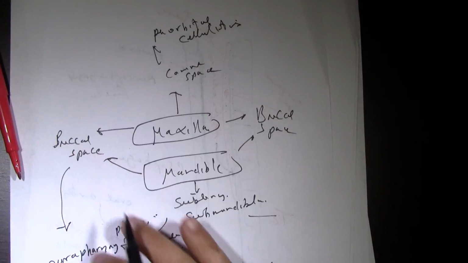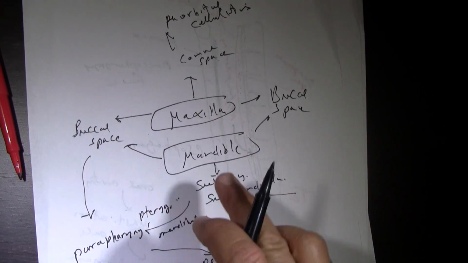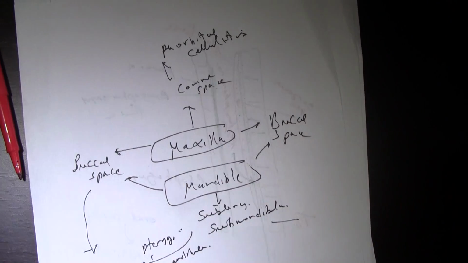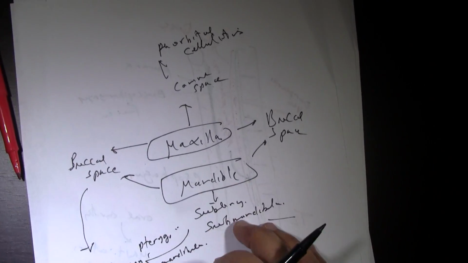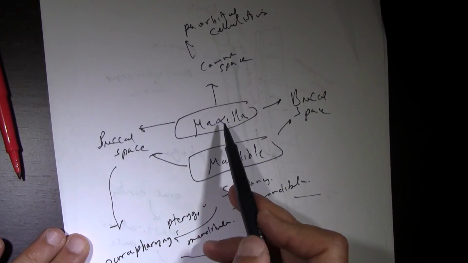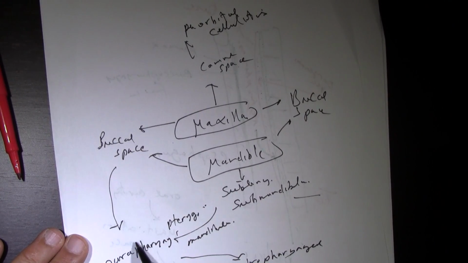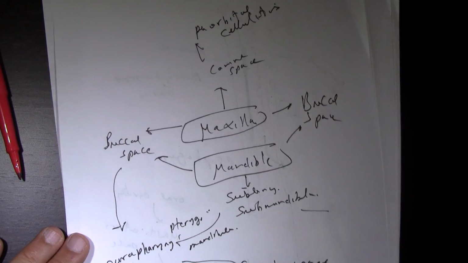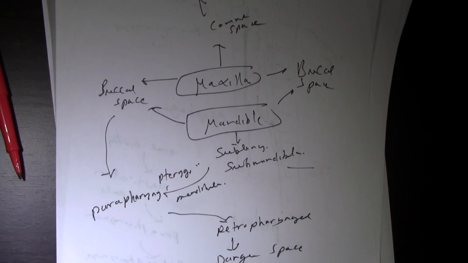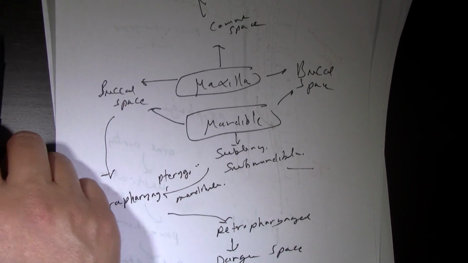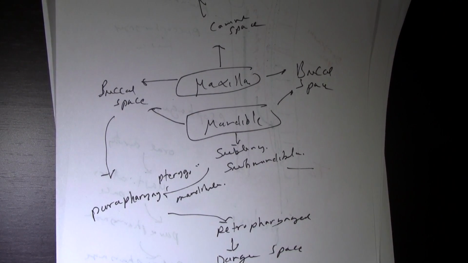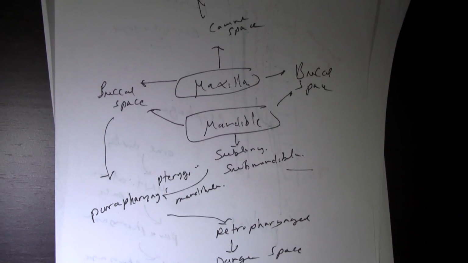So this is how infection from the oral cavity can go, either from maxilla or mandible, and it can spread either up or down if it's mainly in maxilla or mandible. But at the end of the day, both of them can spread down to the parapharyngeal, retropharyngeal, and danger space and mediastinum. I hope that this makes it easier for you to understand how facial spaces in the neck can end up being dangerous spaces when we have infection in the oral cavity.